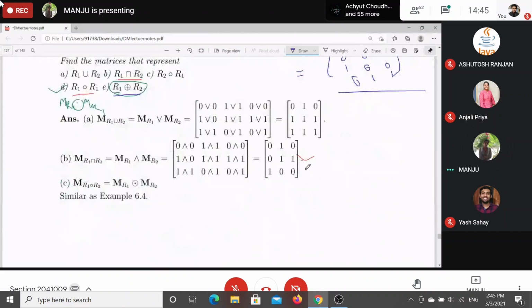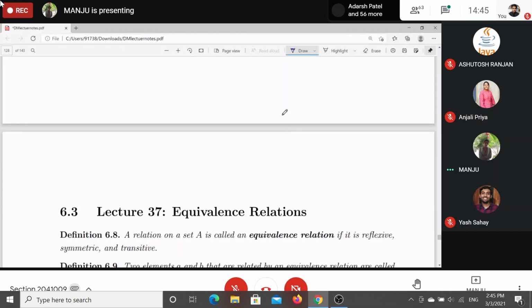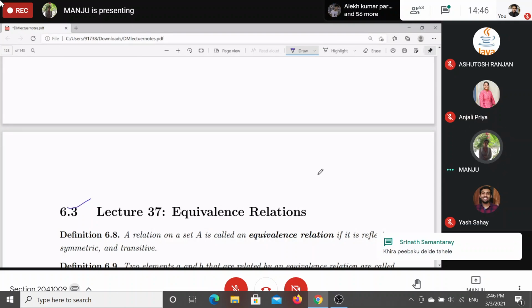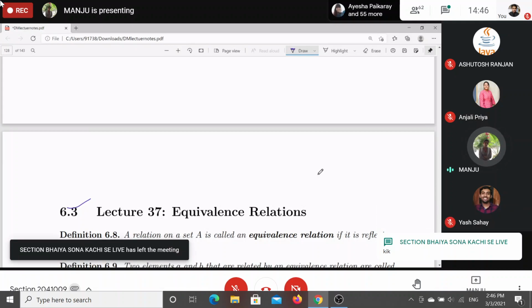Related to matrix. Okay, come to the next section. This is equivalence relation. We have classified relation as a relation defined on set A, that is the relation R is a subset of A cross A, right? We have classified as reflexive, irreflexive.